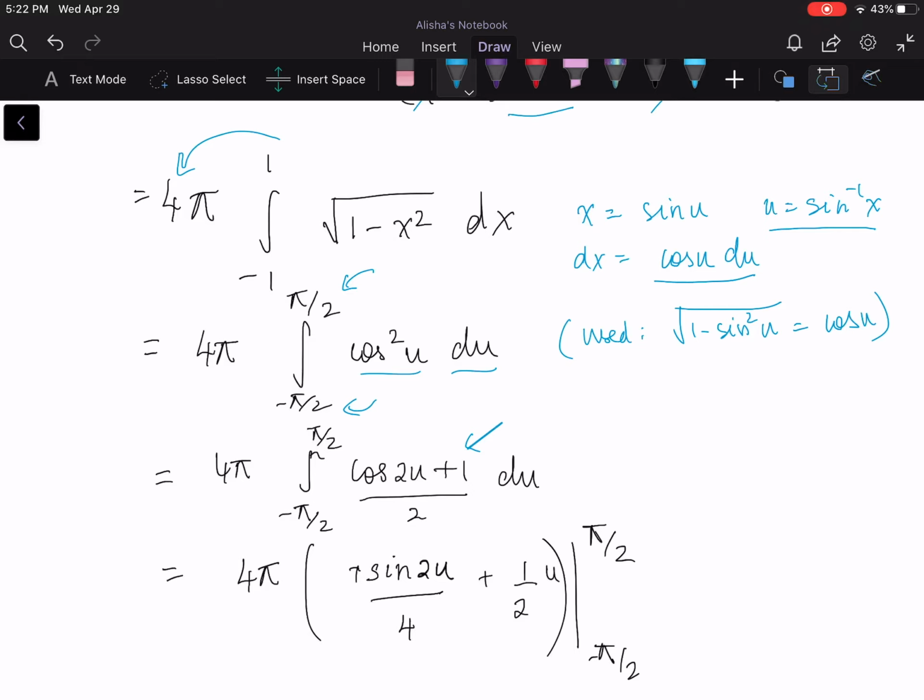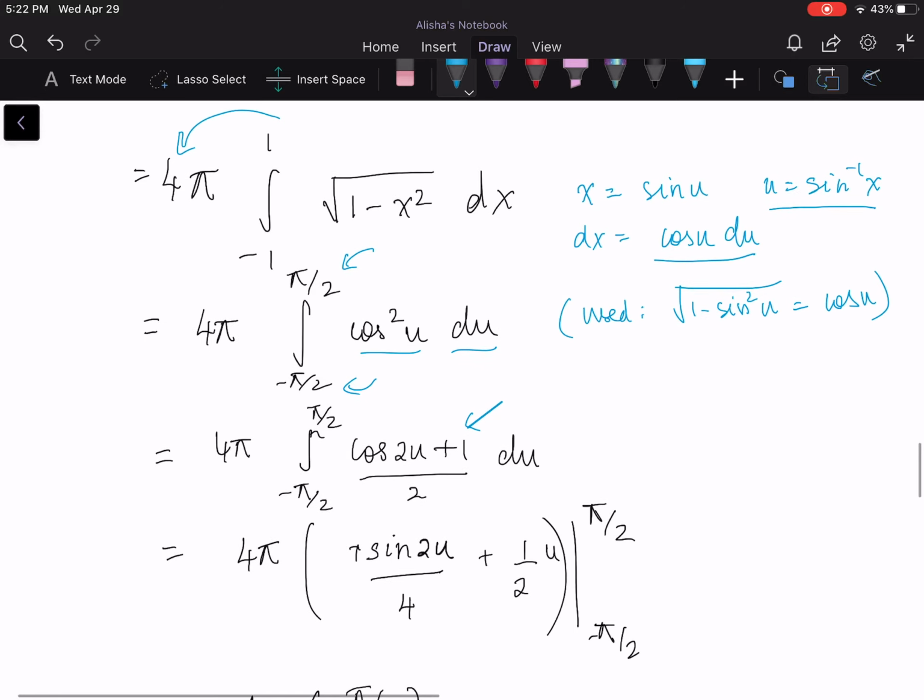We no longer have u, we have 2u, but it's still something that we can integrate using just the antiderivative of cosine. So that's what I did in the next step. I integrated that because I know the antiderivative of cosine. Of course, that's a 2u, and so that's why I get an additional 2 in the denominator.